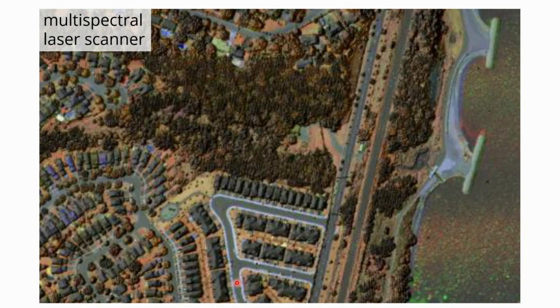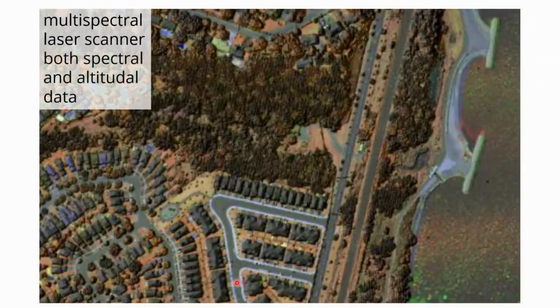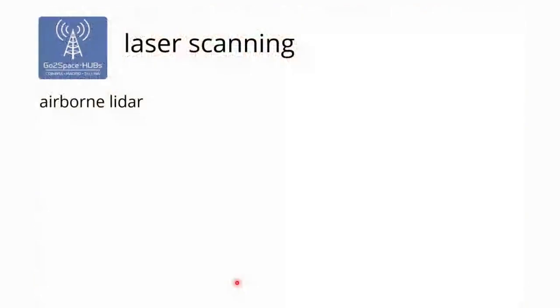It's one of the first data sets like that, and it's from 2016 or 2015. I don't remember actually. I remember that we wrote an article about that in 2016 for sure, but probably the image is from 2015. So using this multispectral data and combining it with this altitudinal data, we might gain much more information on this object.